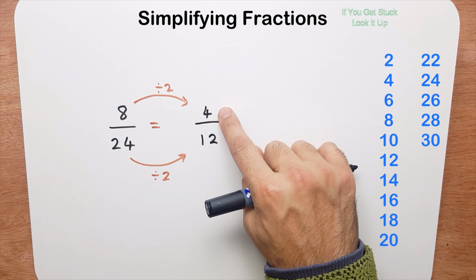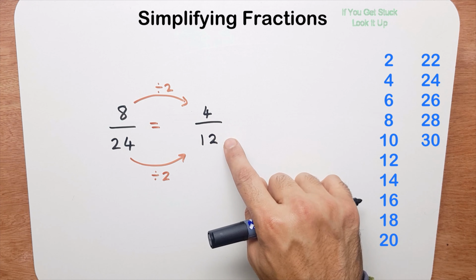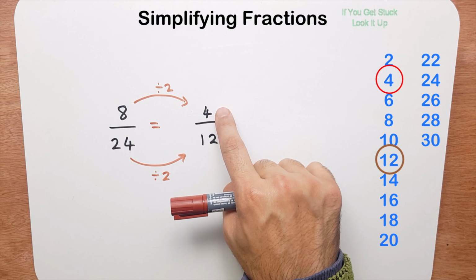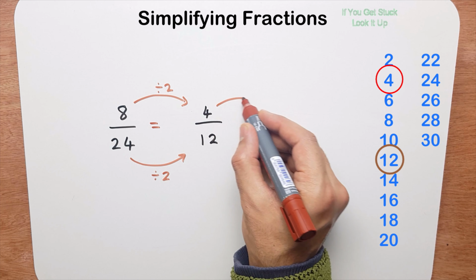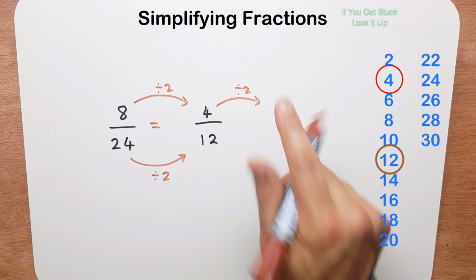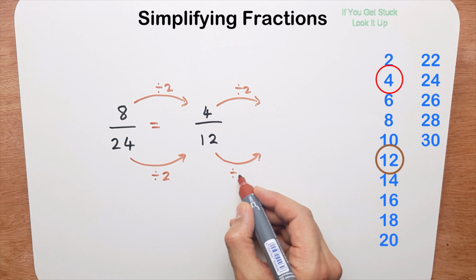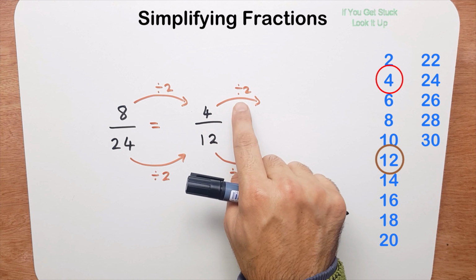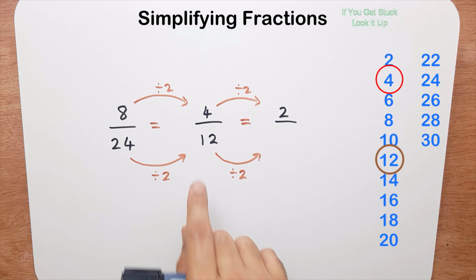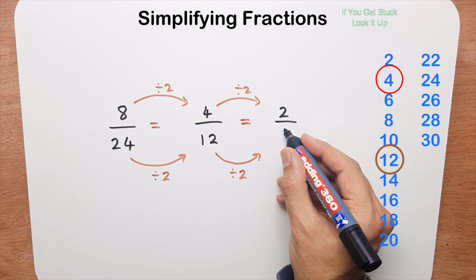So now I have 4 twelfths, and I can see they're both even numbers and they're both in the 2 times table. So I can divide 4 by 2, and whatever I do to the top number I have to do to the bottom number. So I have to divide the 12 by 2. 4 divided by 2 is 2, and 12 divided by 2 is 6.